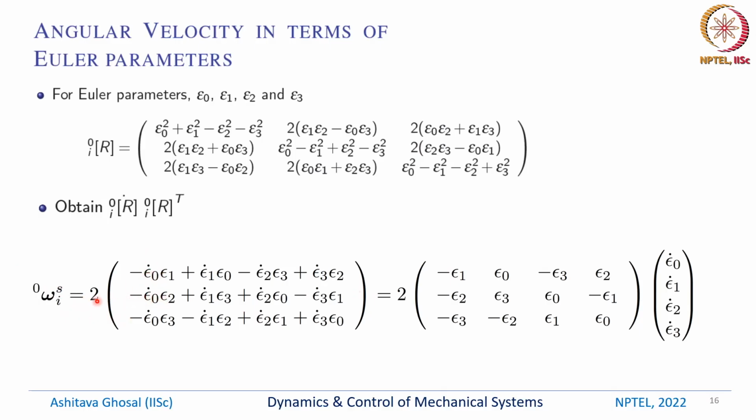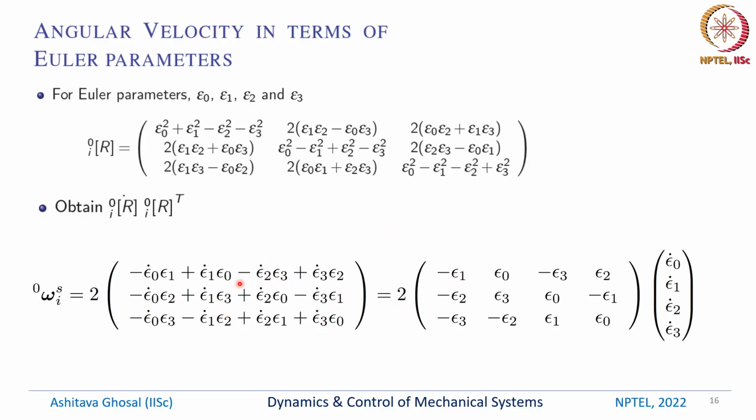So it is 2 into minus epsilon 0 dot into epsilon 1 plus epsilon 1 dot into epsilon 0 minus epsilon 2 dot epsilon 3 plus epsilon 3 dot epsilon 2. So this comes from applying the chain rule, taking the derivatives and reorganizing. So 2 will come out.